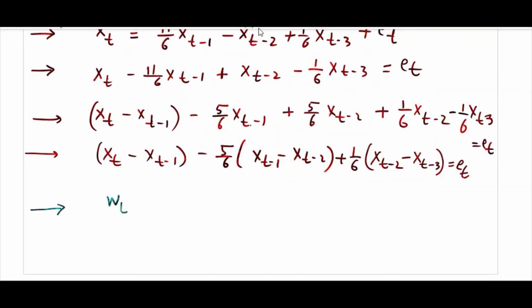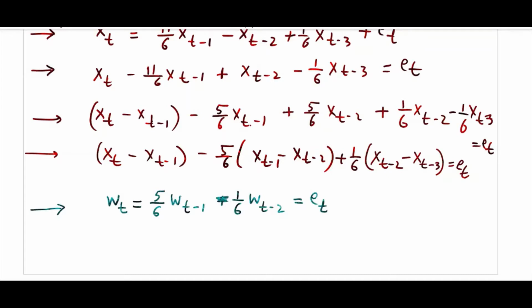Then my new series will be WT minus 5 upon 6 WT minus 1 plus 1 upon 6 WT minus 2, that is equal to ET. Okay, this is the series. If you want to see it this way, you can write the equality sign and a minus here. That's all. This is the AR2 process.